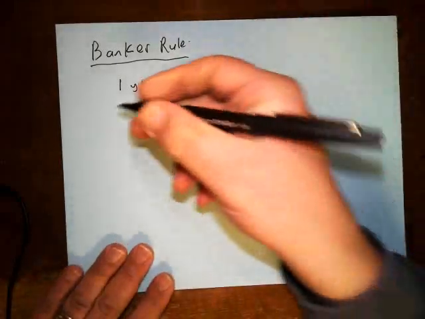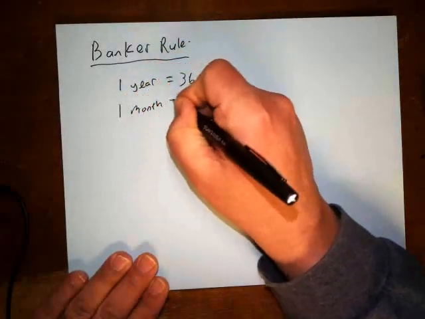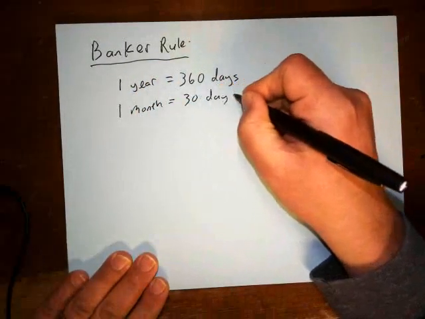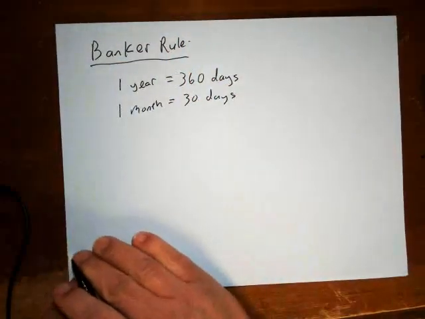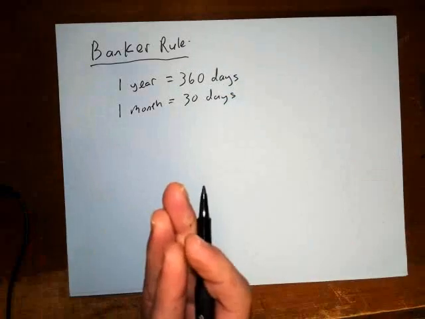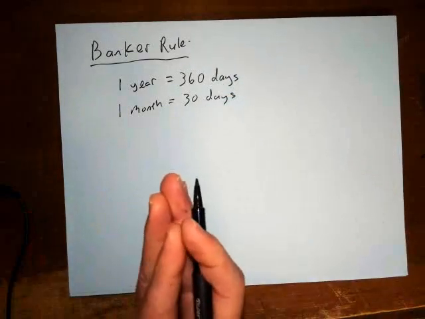And we're going to say 1 month, it doesn't matter what month it is, we'll just average all the months out and say 1 month is 30 days. So it's like each month is 30 days. 12 of those months would be 360 days.